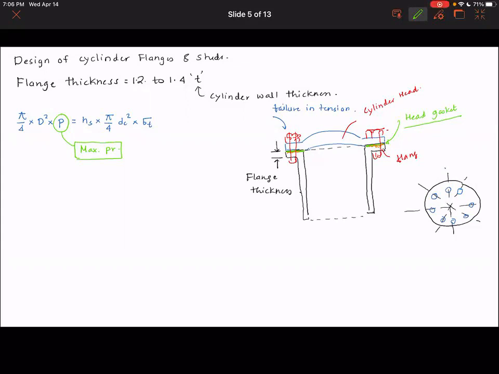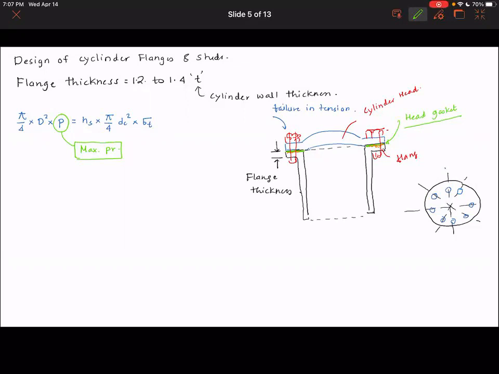And now the question is why? Because if you think about it, the purpose of the bolt is not only to hold the cylinder head securely on the cylinder, but also apply the clamping force so that it is effectively sealed.